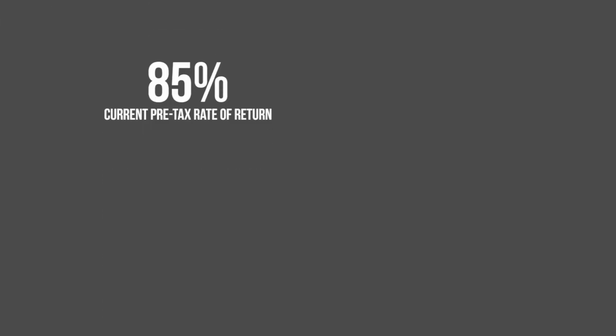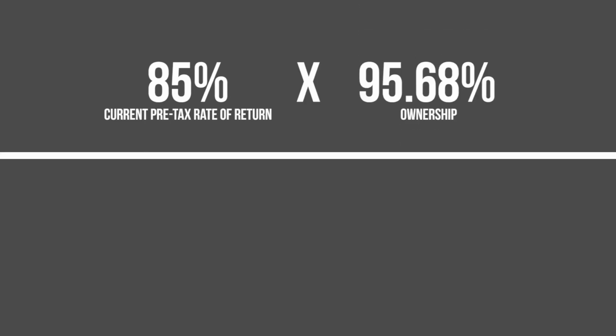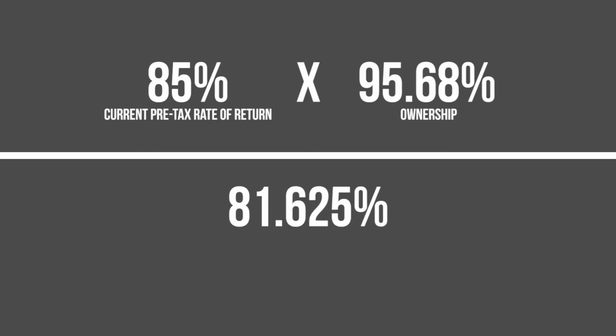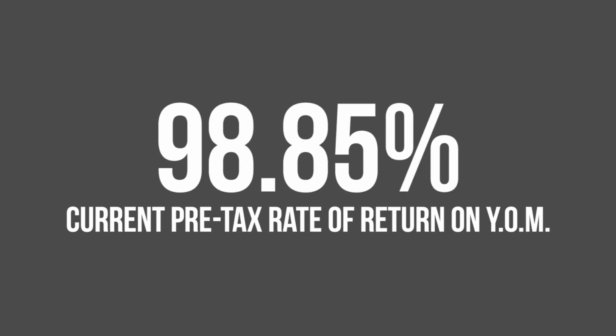What does this make your current rate of return? Well, you take the 85% current pre-tax rate of return, you multiply that by your 95.68% ownership, and then you divide that by your 81.625% investment in the business at cost. The result, the current pre-tax rate of return on YOM climbs to almost 100%.